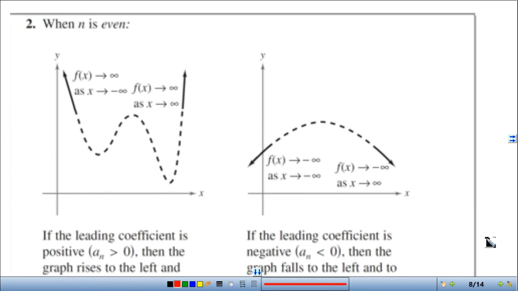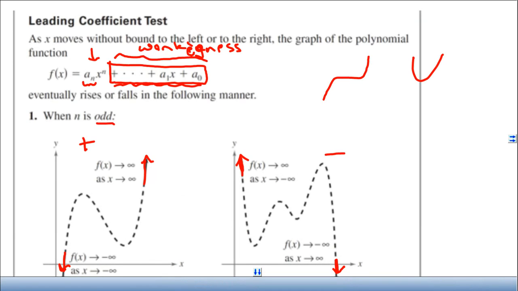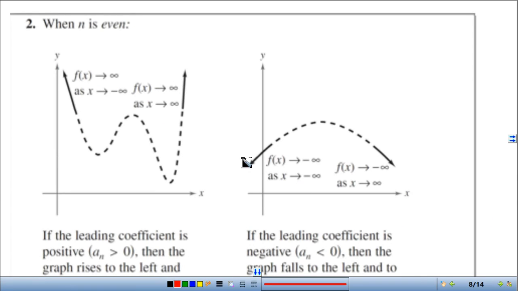Now, if the leading term is even, okay, assuming the leading term is even, so this term right here, and when I say even, I mean the power is even, then if a is positive, it's going to climb on the left and it's going to climb on the right.